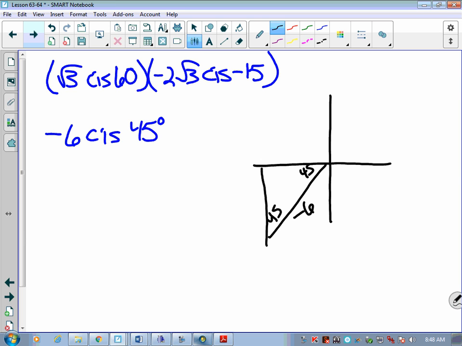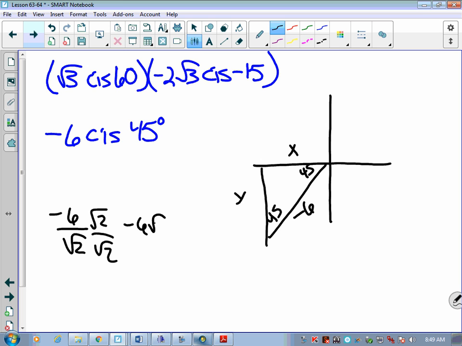So now, because I'm looking for rectangular coordinates, I'm looking for this guy and that guy right there, all right? So what we're looking at is we've got negative 6. How do I find these other parts? Well, because it's 45, 45, 90, right? We know we're at 1, 1, radical 2. So if I just take negative 6 divided by radical 2, right? Then I'd multiply by radical 2 over radical 2, right?